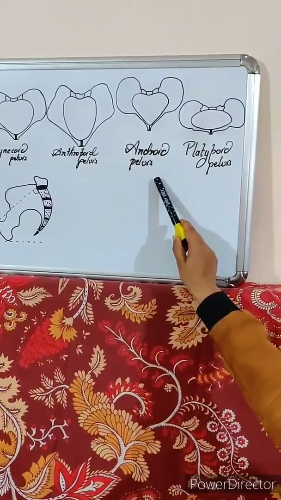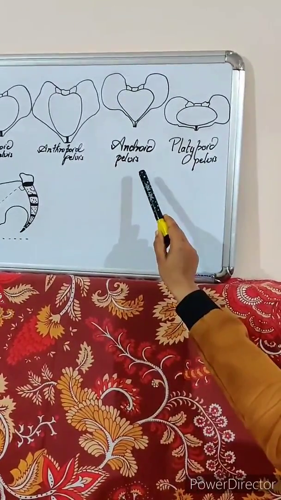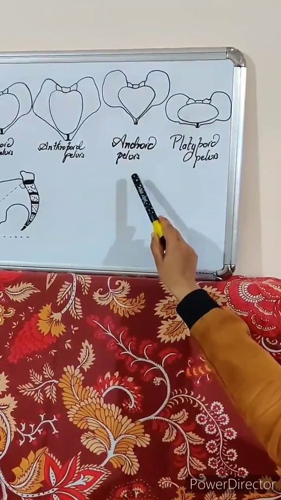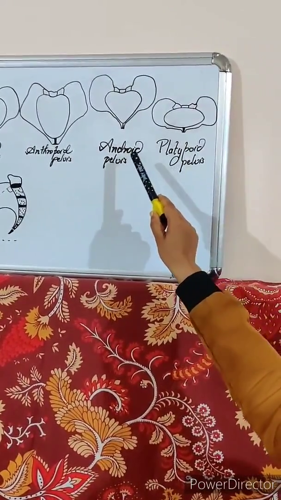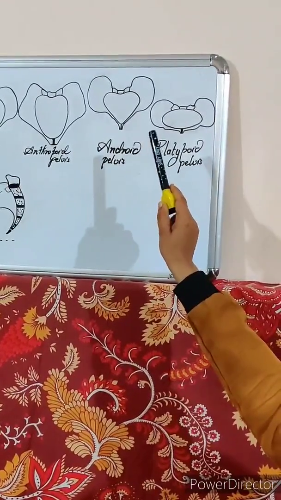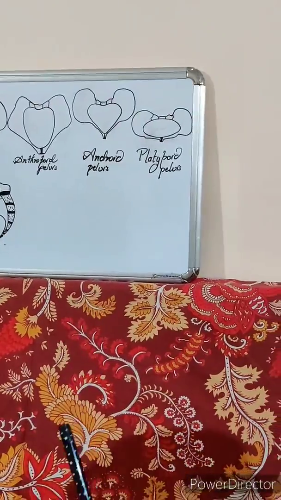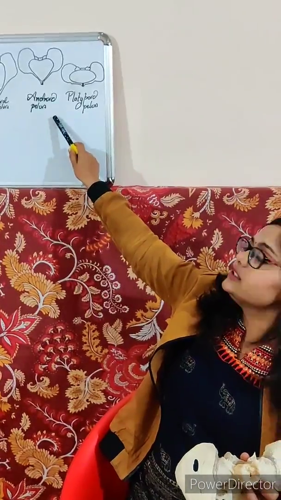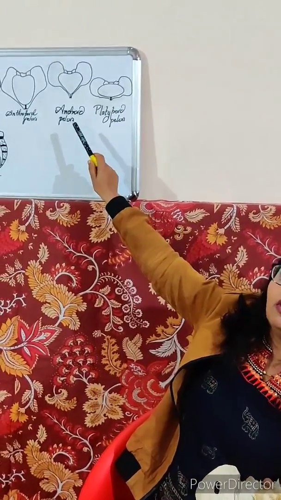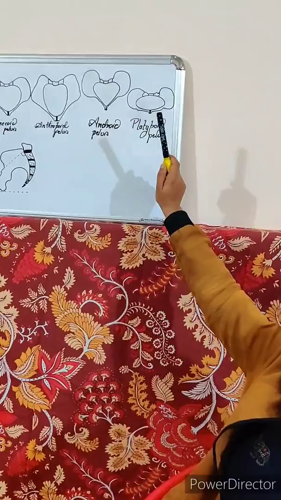The third is the android pelvis. The android pelvis is more or less the male type of pelvis, in which the inlet is triangular and the cavity is converging. The worst pelvis for any female to deliver a baby is the android type.